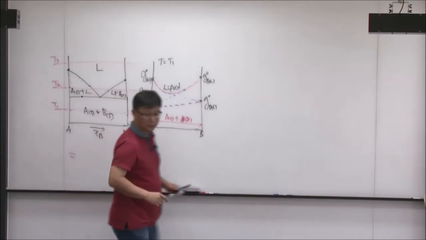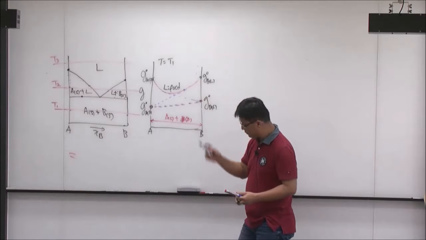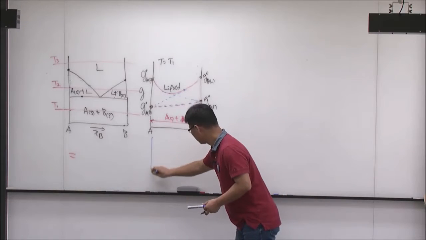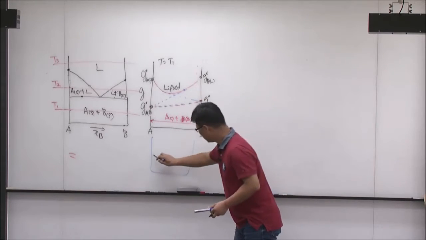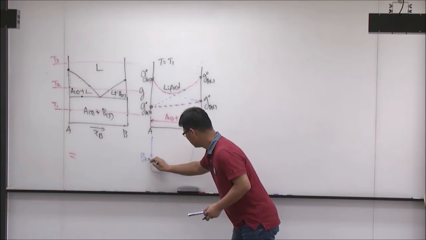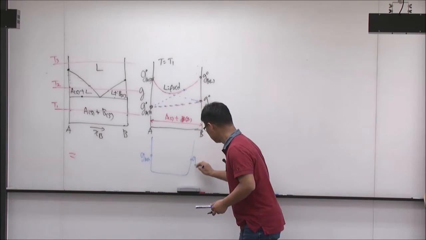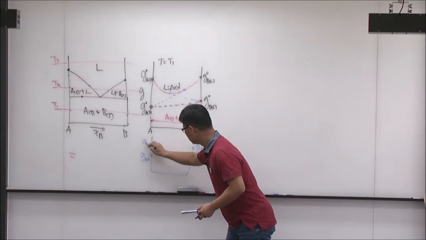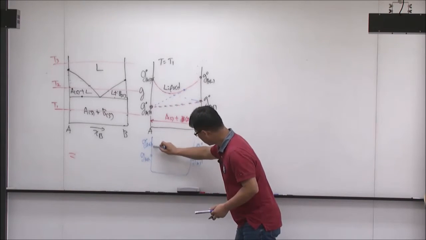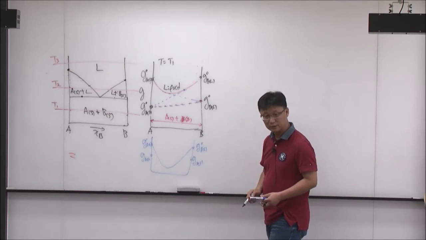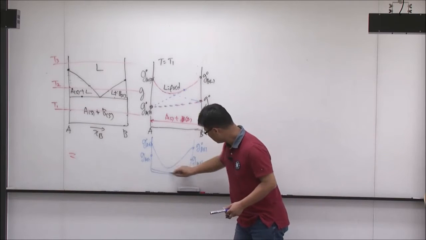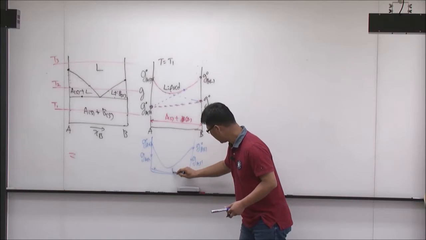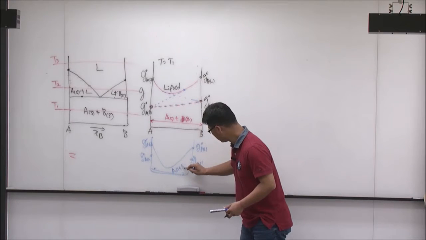So when you draw the Gibbs energy diagram, this is okay. But when you draw a Gibbs energy diagram, for example, like this, let's say I have G_A solid, G_B solid, and G_B liquid, G_A liquid, and the liquid is like this, and then you say the entire range here is A solid plus B solid.